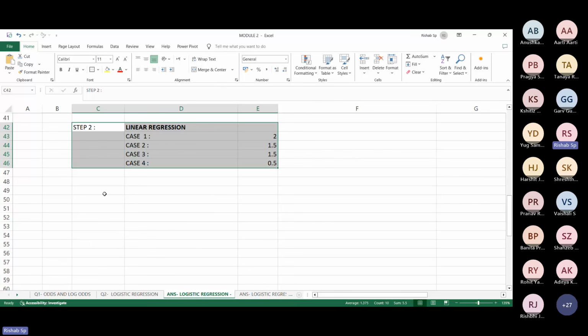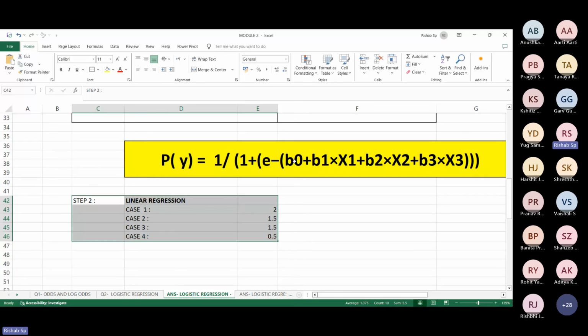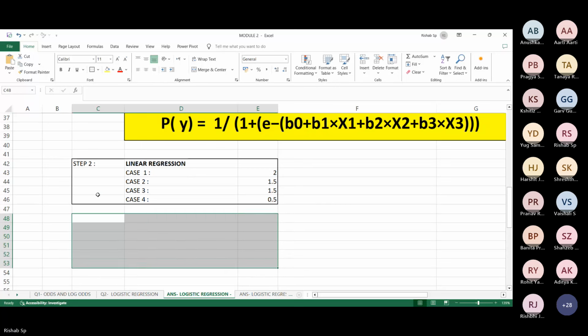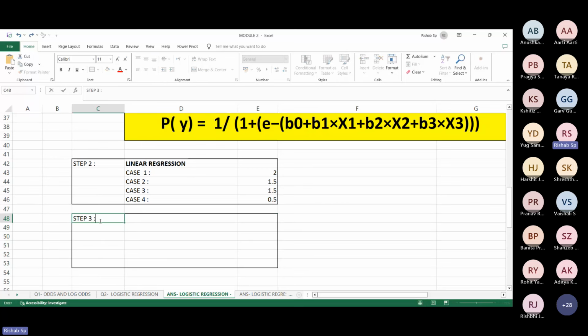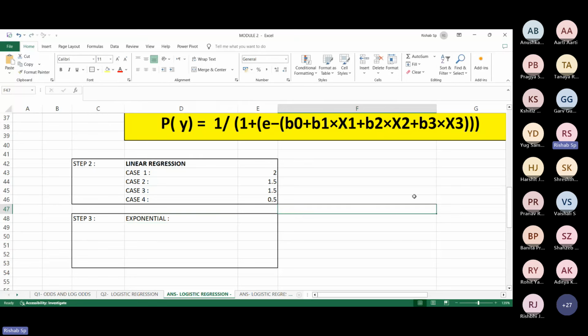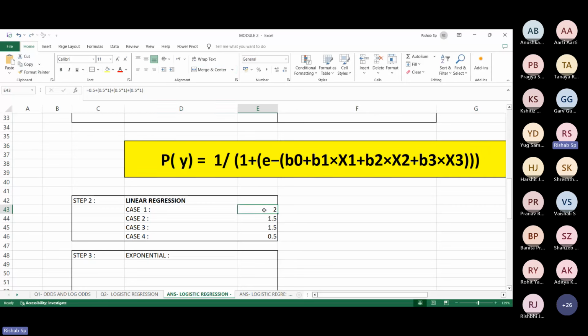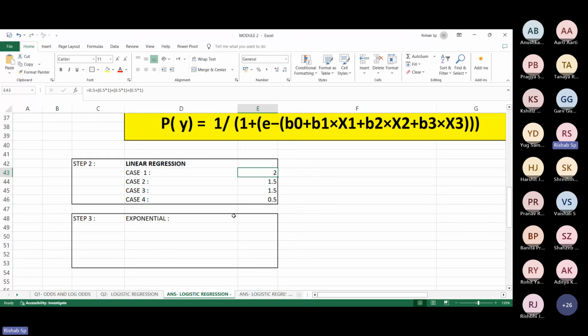Next, we found the linear regression part: B0, B1, X1, B2, X2, B3, X3, etc. The next step is to find the exponential, which is the major part. How to do the exponential part using the calculator? Be aware that there is a negative sign here, so you should consider the negative value of the linear regression. That we'll do in the calculator.